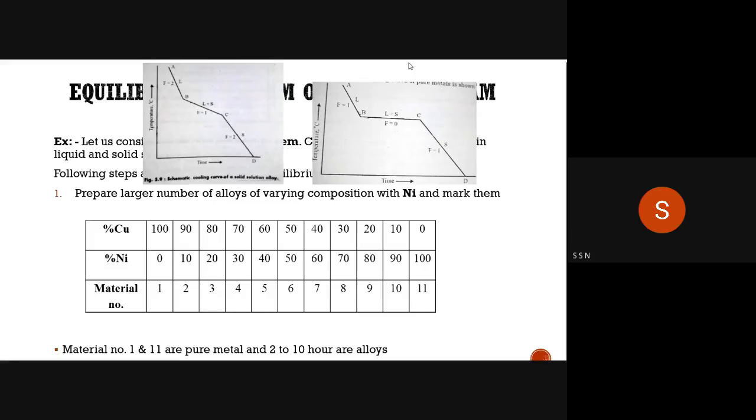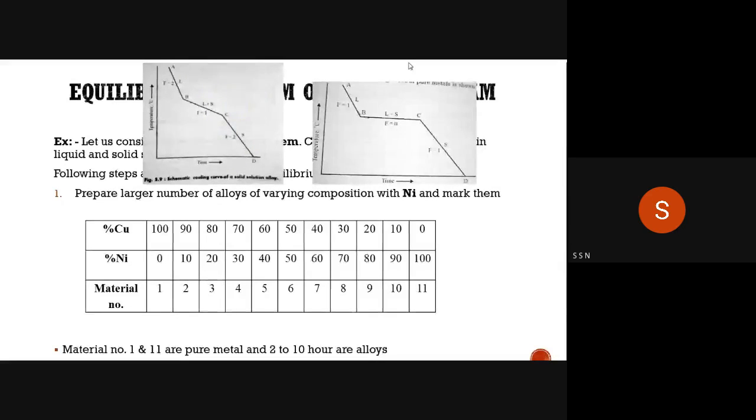Then those materials are allowed to cool, and we have plotted the cooling curve first. Material number one is a pure metal. Out of the two cooling curve diagrams shown here, which diagram is for the pure metal? The second diagram is for the pure metal.